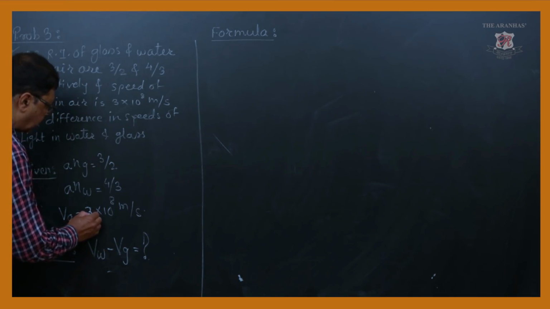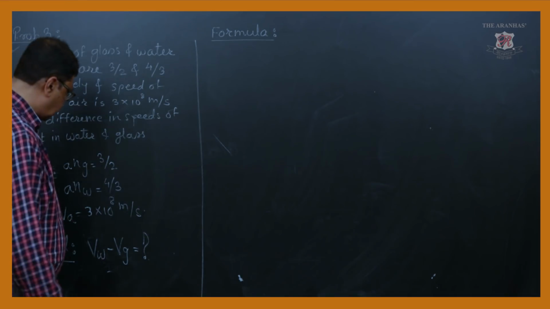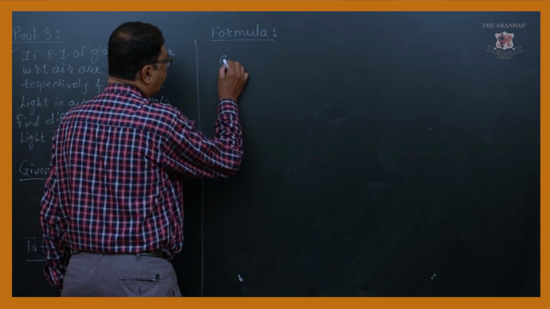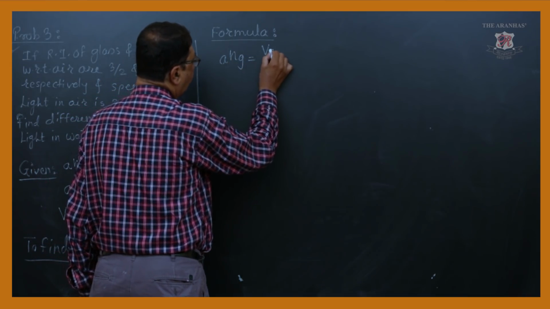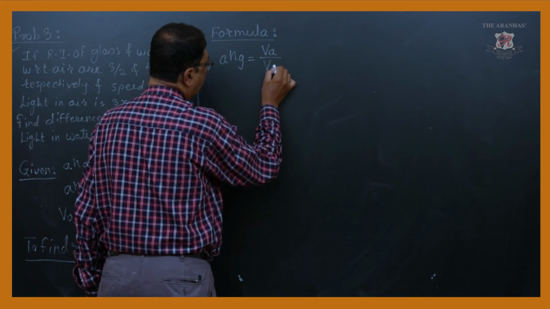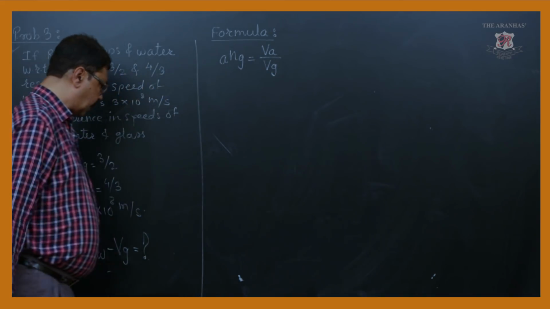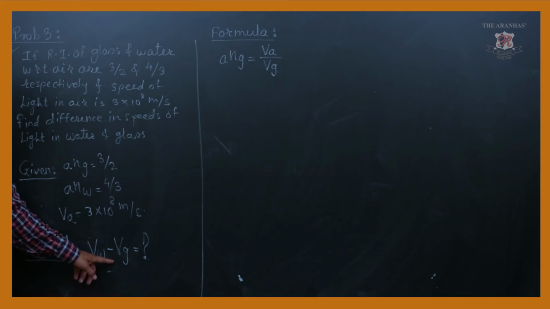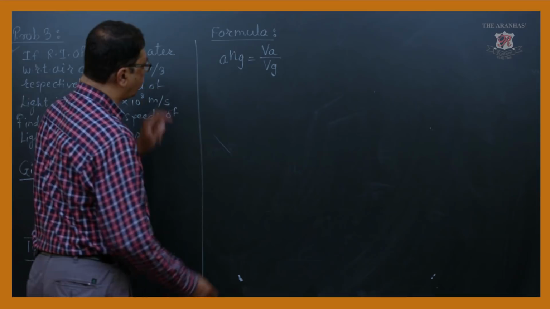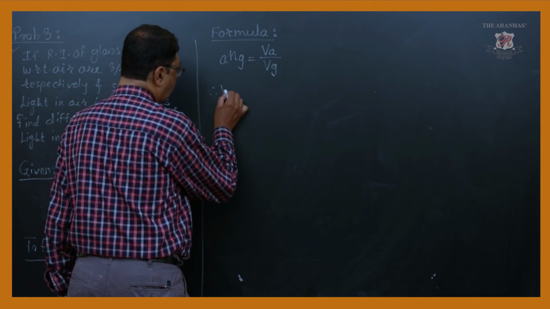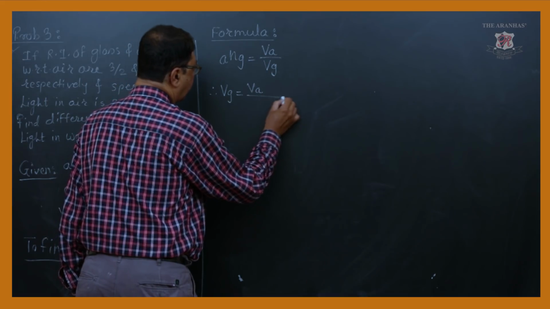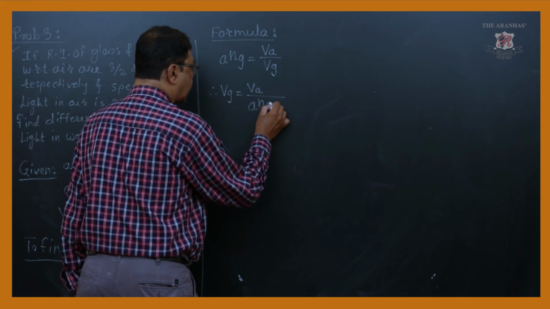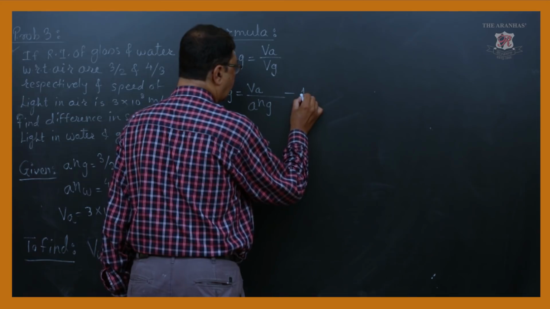So, I am using this data. What is refractive index of glass? Va upon Vg. What I want to find out is Vw minus Vg, which means I want Vg, so shift this Vg to the left hand side. Therefore, Vg equals Va upon ang. This is my equation number 1.